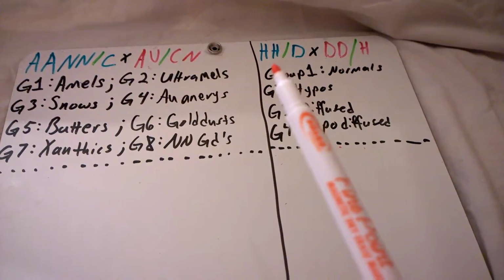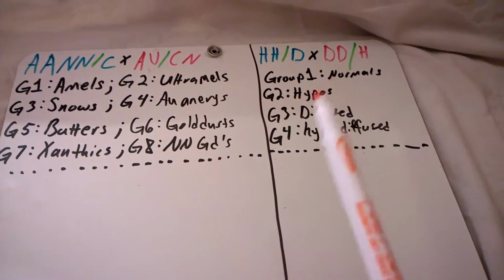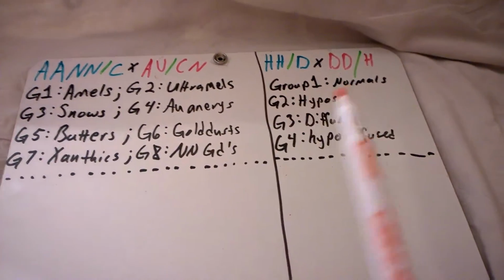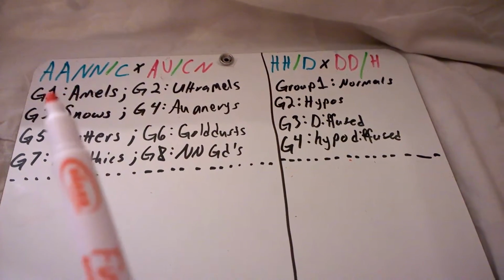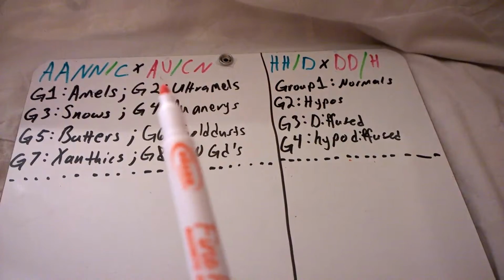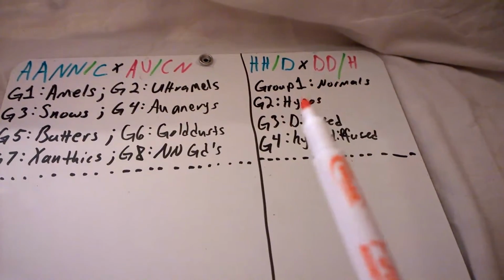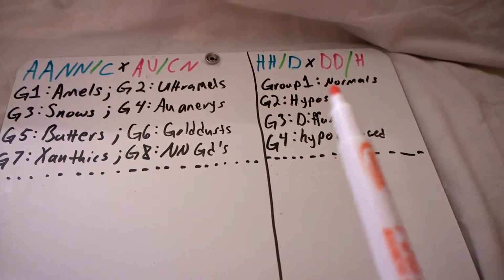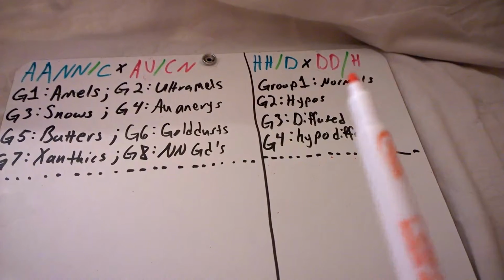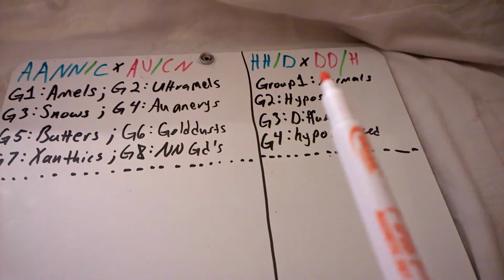So if you look at this side where there's the 2 H's, and this side where there's the 2 D's, obviously there's nothing that lines up. Over here there is. So over here, amel and ultramel line up, so you're not going to get any normals in any of these groups. Back to over here, you know that group 1 is going to be normal. You see that hypo does line up at some point, even though they don't line up on the left side.